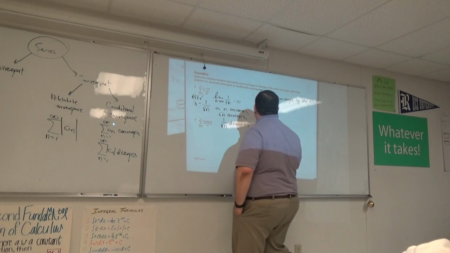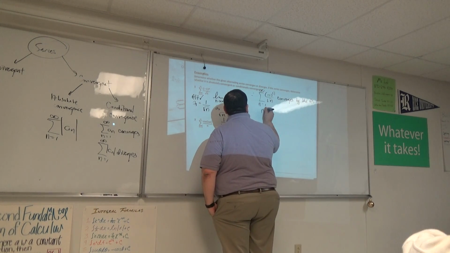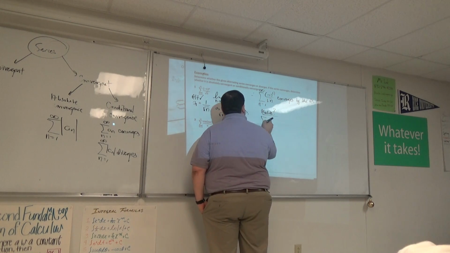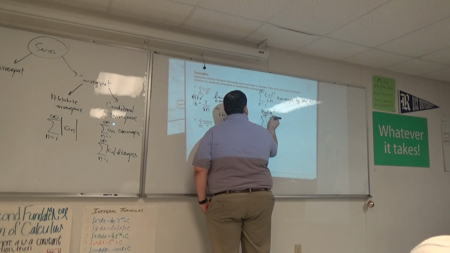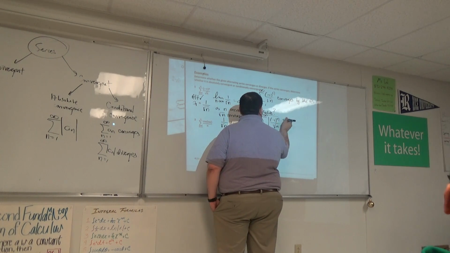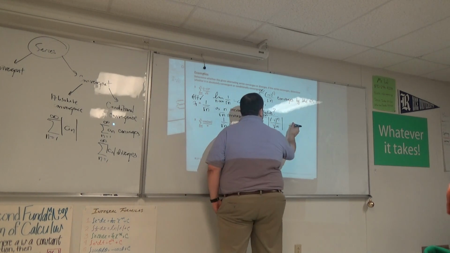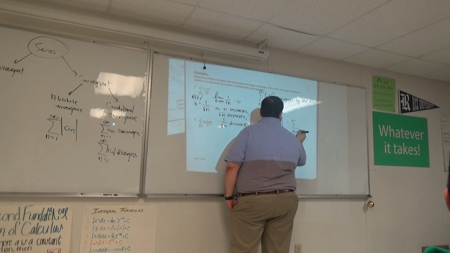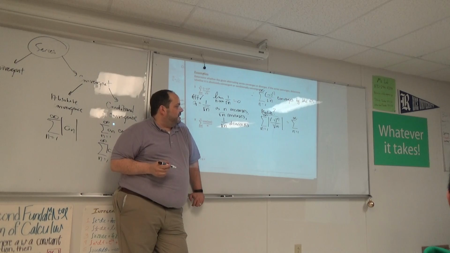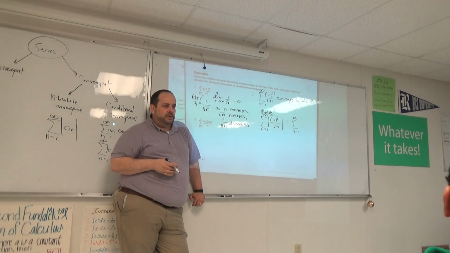So the next step is looking at absolute convergence. So look at the new series. What's that new series if you take the absolute value of -1 to the n over the square root of n? Don't overthink it. What does that absolute value do?